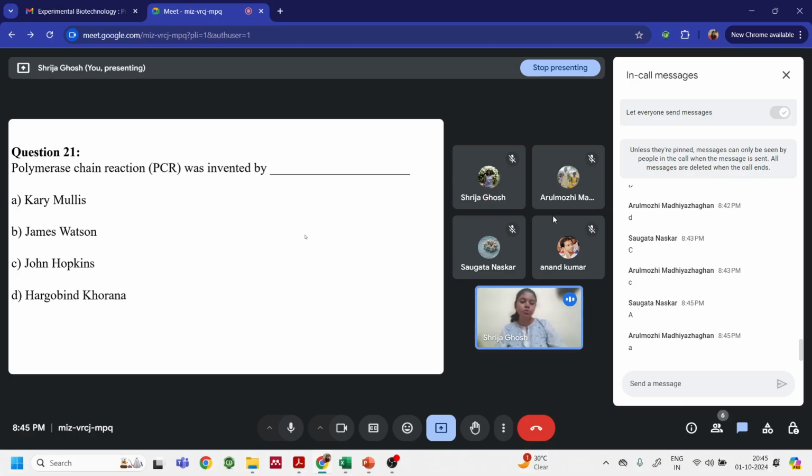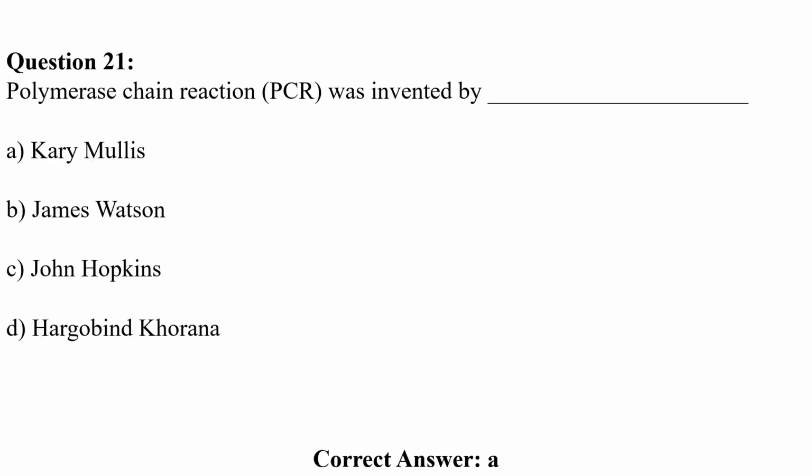Both of you have answered Kary Mullis. That is the correct answer. Kary Mullis was the one who developed and invented this technique, and it is a very useful technique in molecular biology and genomics labs. So option A is the correct answer.